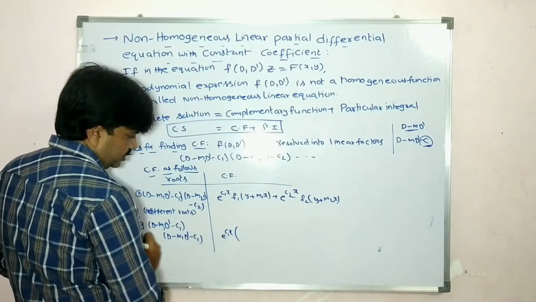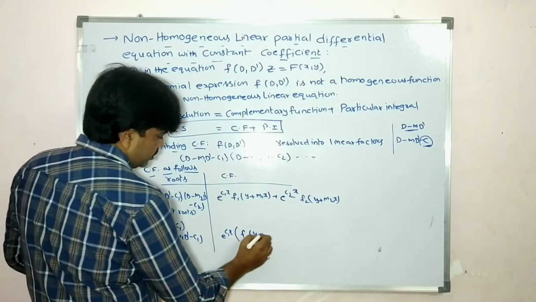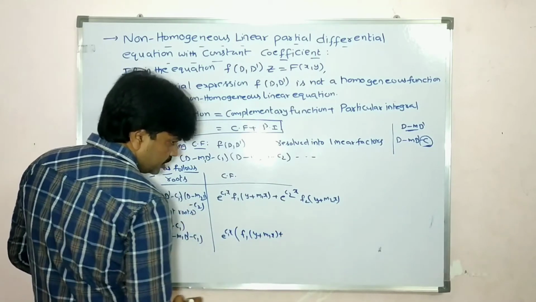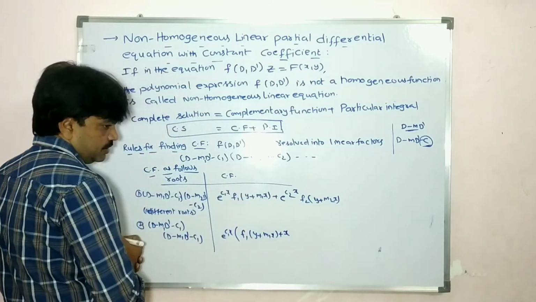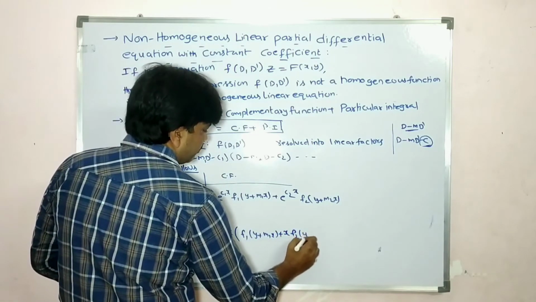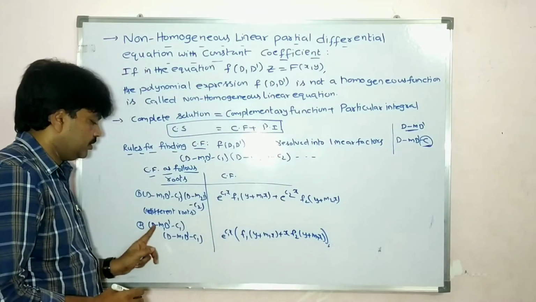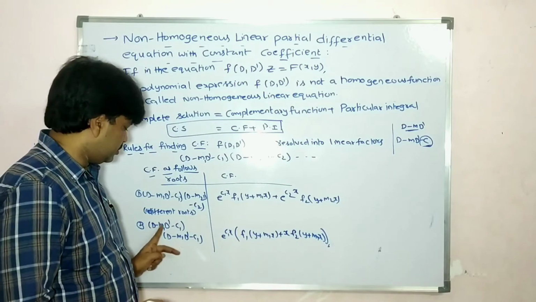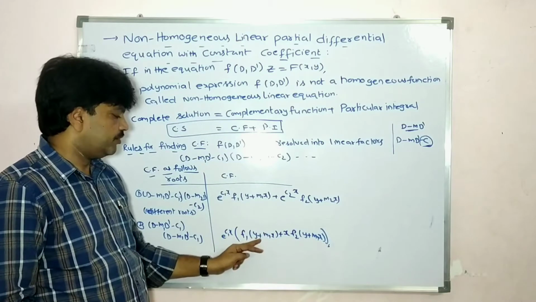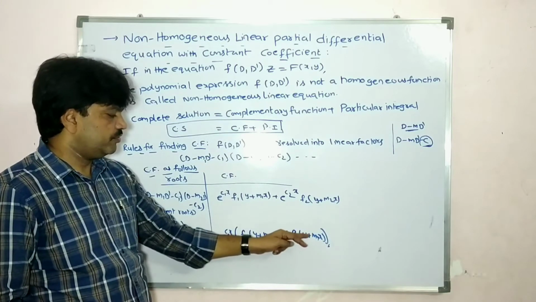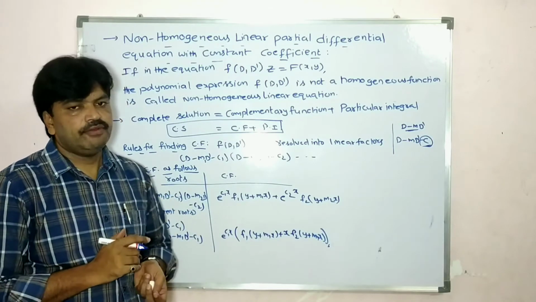So e power c1x into f1 of y plus m1x, plus x into f2 of y plus m1x. When two roots are repeated, the factors are the same. This is about the complementary function.